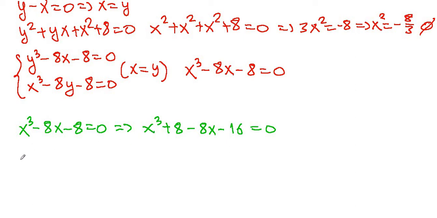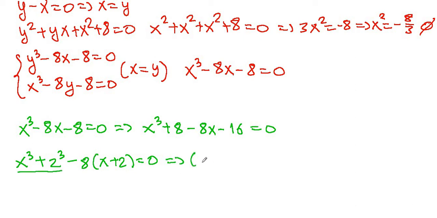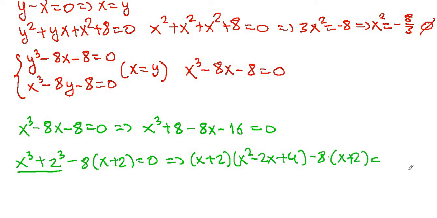So now here x cubed plus 8 is 2 cubed, and minus, if I factor out 8, then I'll get x plus 2 is equal to 0. Then we can factor this expression as x plus 2 times x squared minus 2x plus 4, and minus 8 times x plus 2 is equal to 0.